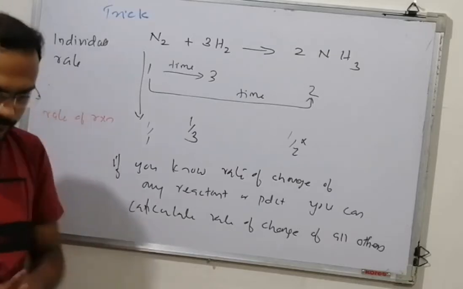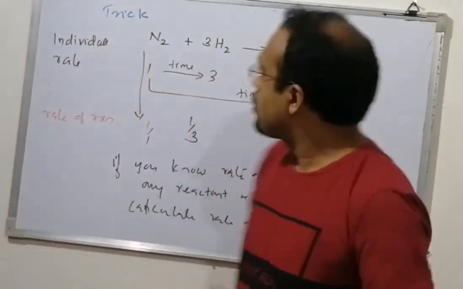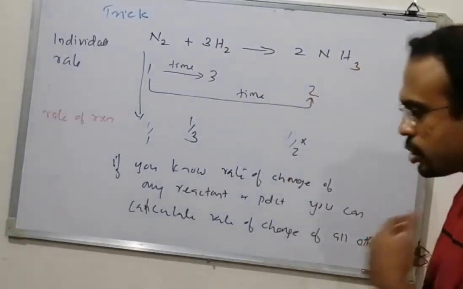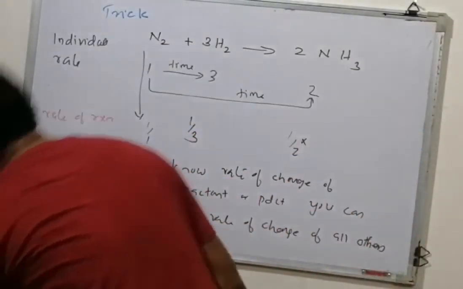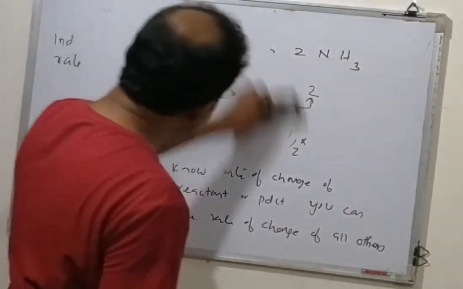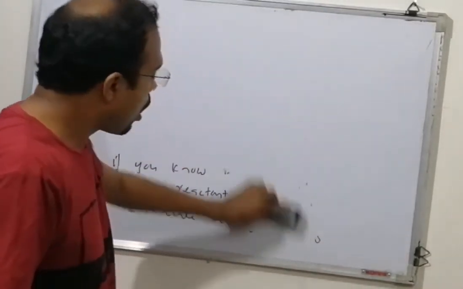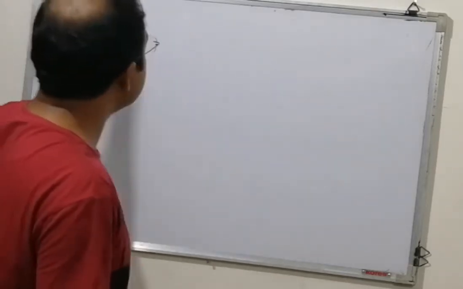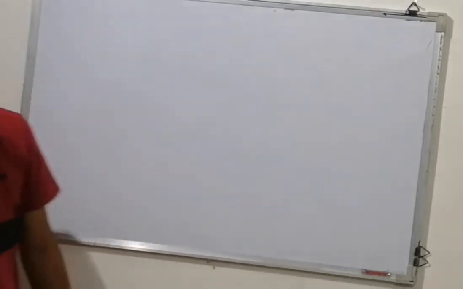But the condition is that you should have a balanced equation, because the coefficient tells you one more idea: the individual rate of each reactant and product.